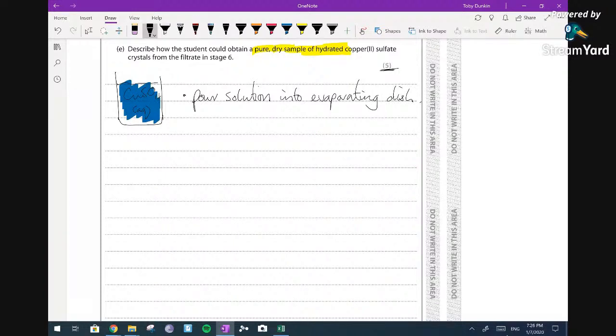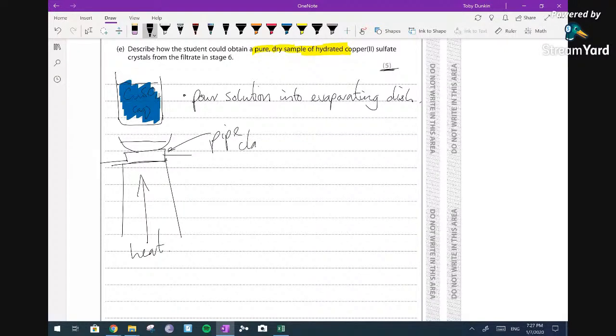Let's draw the picture. Tripod, pipe clay triangle, evaporating dish, and there's your solution, and you're going to have heat. And that there is called a pipe clay triangle. Again, a common equipment that students forget the name of, and also of course an evaporating dish.